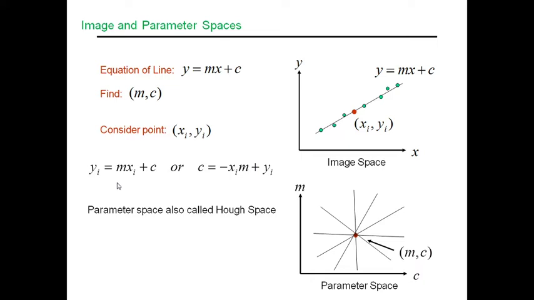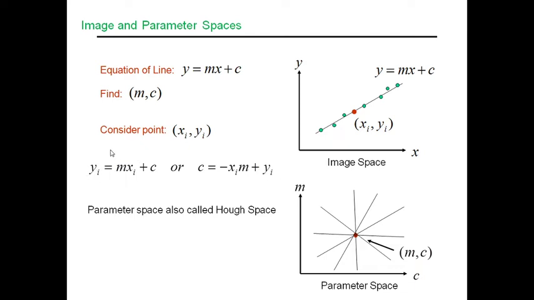Now can I rewrite this equation, that is yi equal to mxi plus c, because xi and yi are the coordinates that are passing through this line equation. So yi equal to mxi plus c, or c can be expressed as minus xi m plus yi.